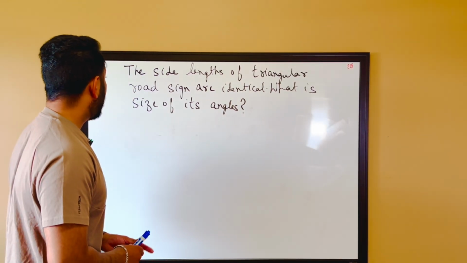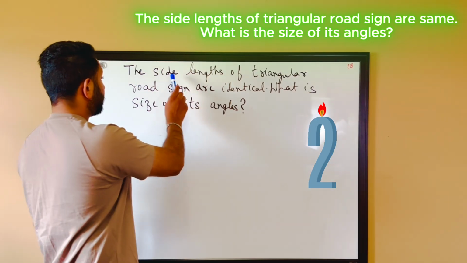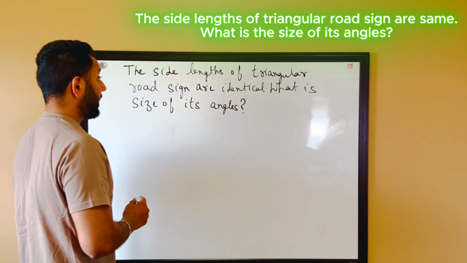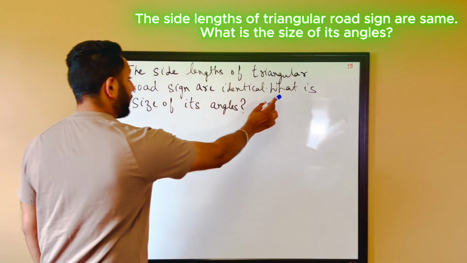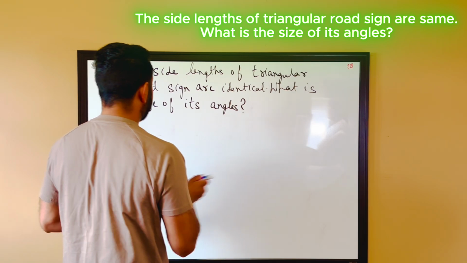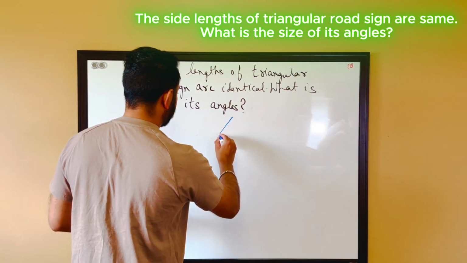So our last example is: the side lengths of a triangular road sign are identical, and we need to find out the size of its angles. So, less emphasis on what is given to us.